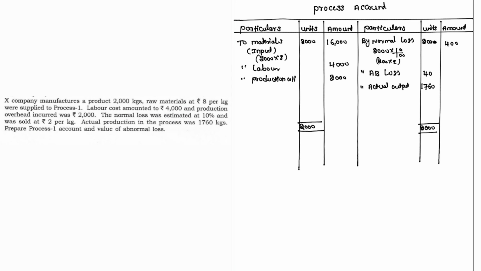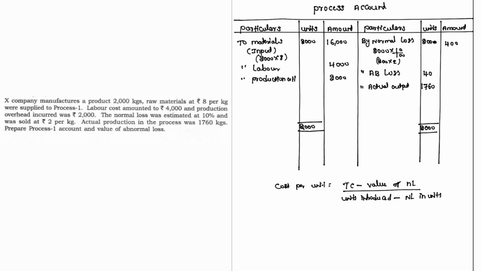So for that, first we have to identify cost per unit. So cost per unit is equal to total cost minus value of normal loss divided by units introduced minus normal loss in units.